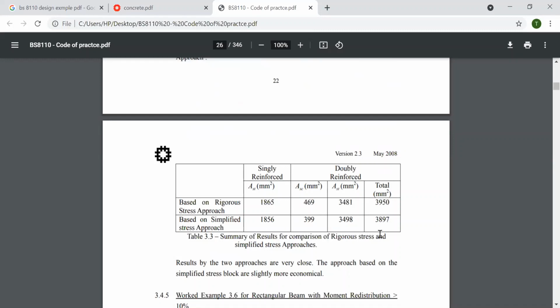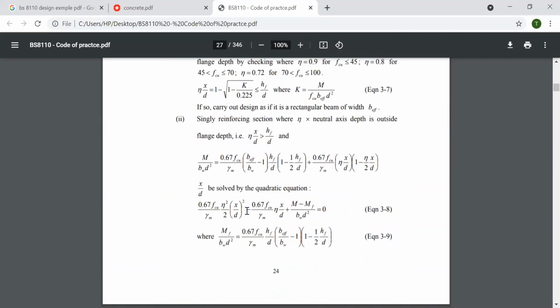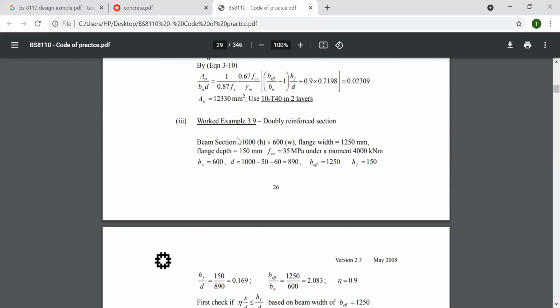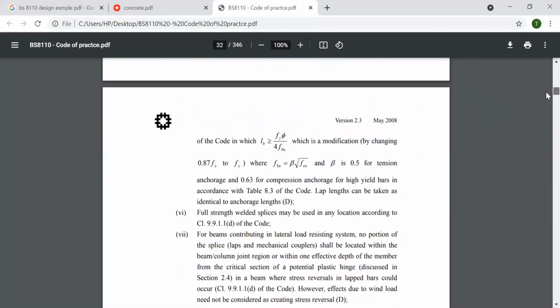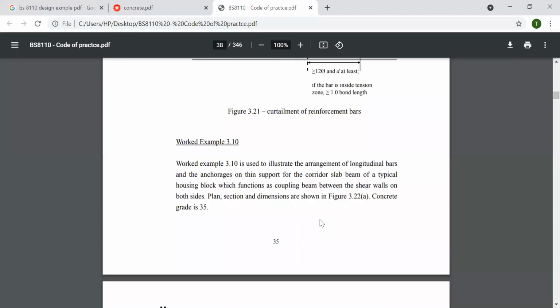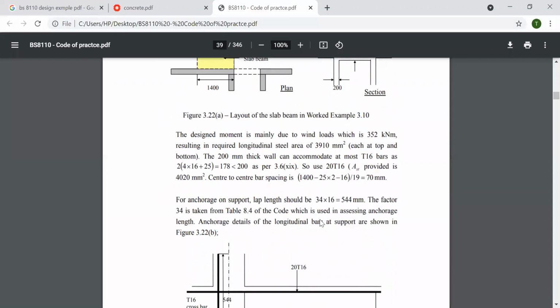So this is how the final calculation of the above example goes. All right. So I will leave you with the beam. You can refer to this document and get it done. Okay. This is slab design.